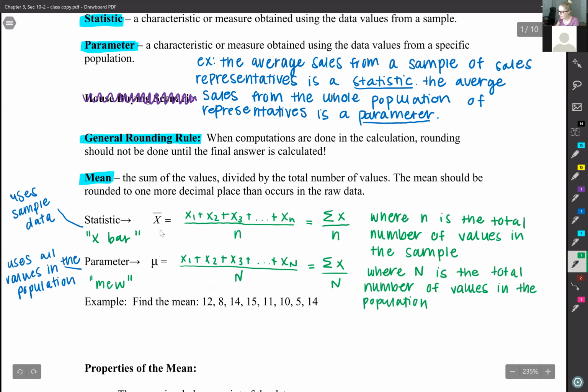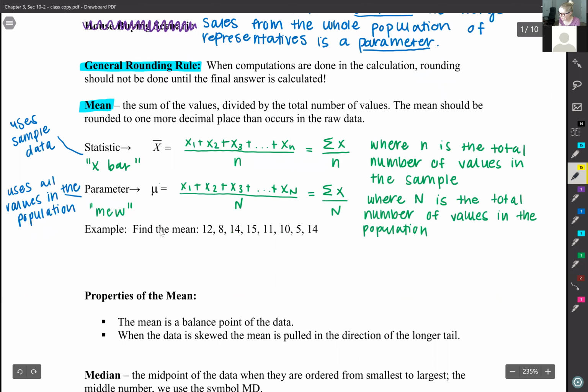Okay, so I have an example here that just tells us to find the mean of these numbers. So we have 12, 8, 14, 15, 11, 10, 5, and 14. So just using what we've talked about, all you're going to do is add them all up and then divide by the number of values that we have. So the mean here is going to be equal to just adding all of them up. So 12 plus 8 plus 14 plus 15 plus 11, 10 plus 5 plus 14.